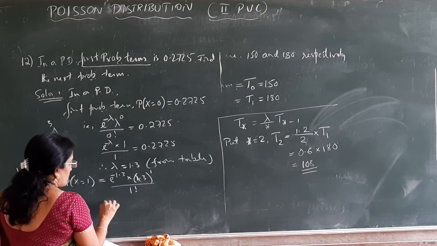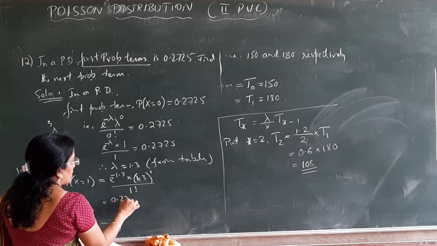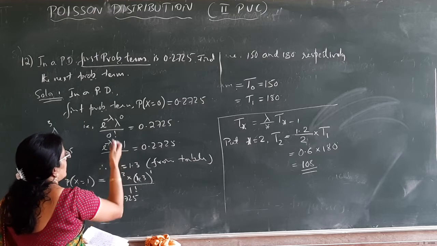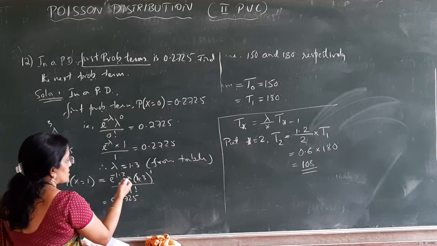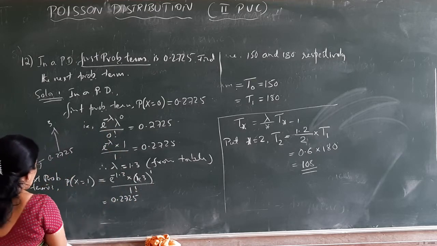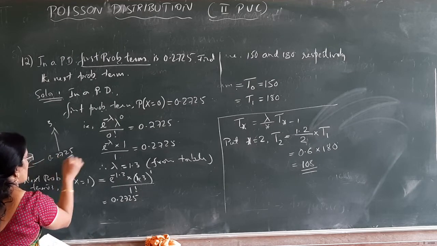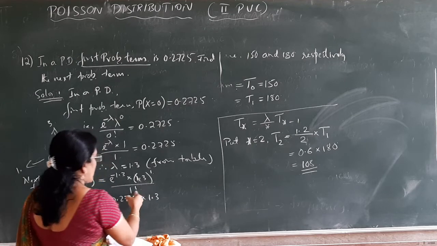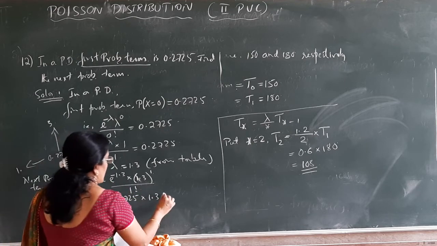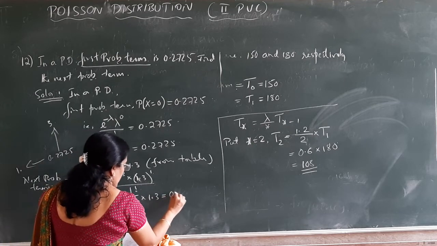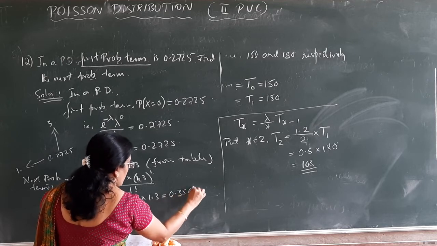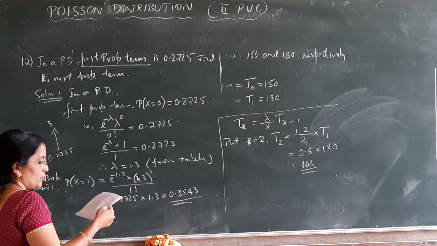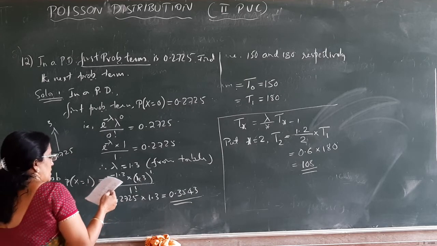Right? Now, e power minus 1.3 is 0.2725, or just look at the table, that is minus 1.3, you will be getting the same value, into 1.3 divided by 1 factorial, that is 1 itself. So the answer is 0.3543, right?